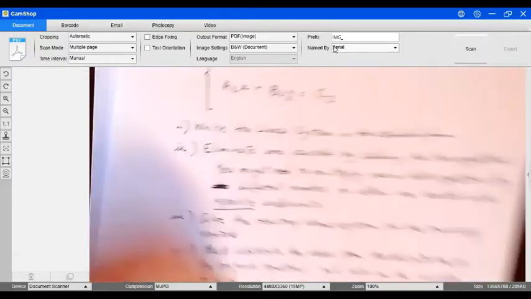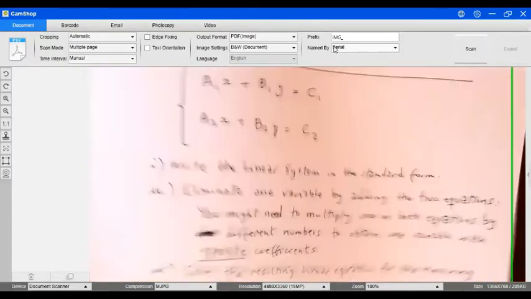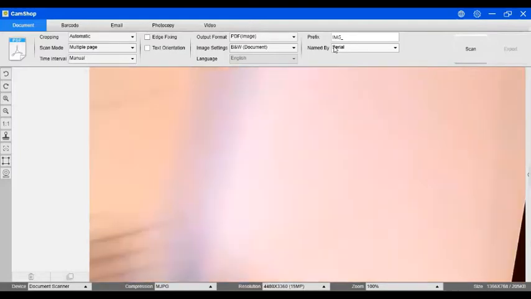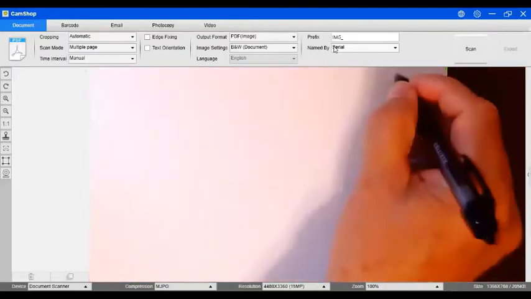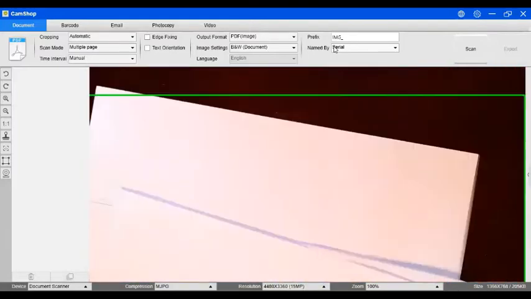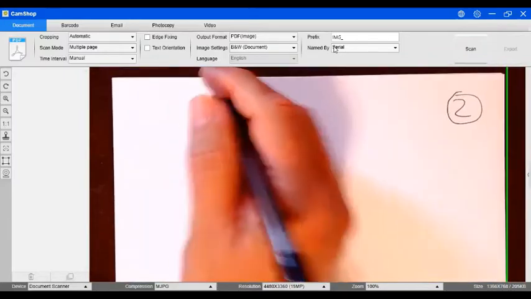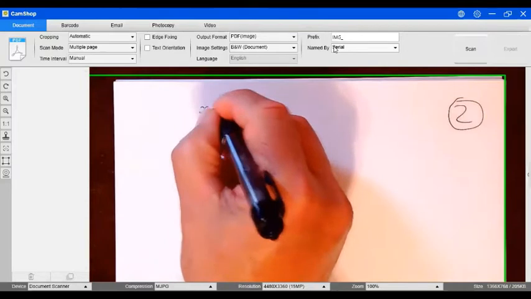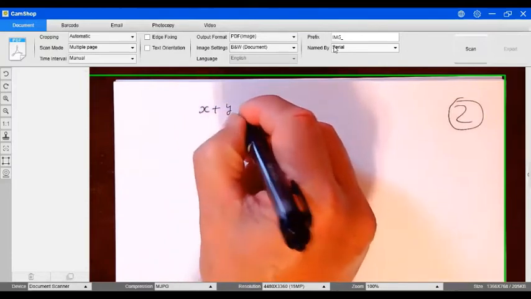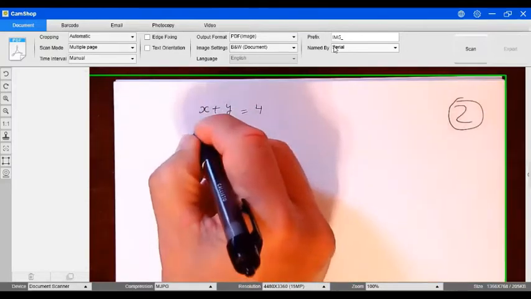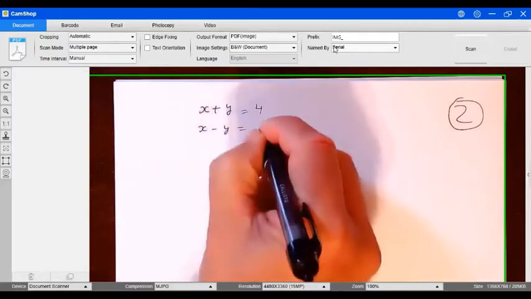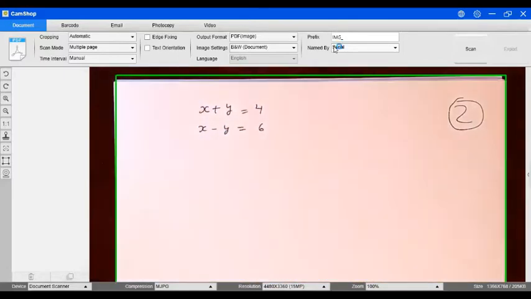We're going to do it on the next page to see all the problem on one single page. So this is going to be my system. So I have x plus y equals 4 and x minus y equals 6. So I have my two equations there.